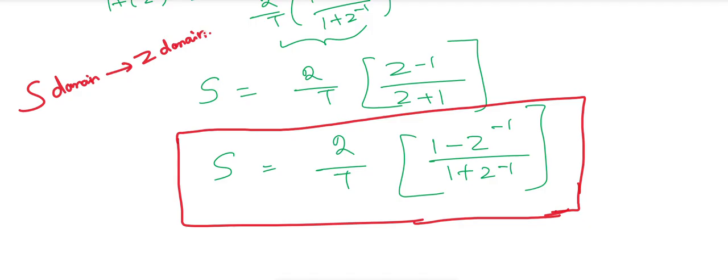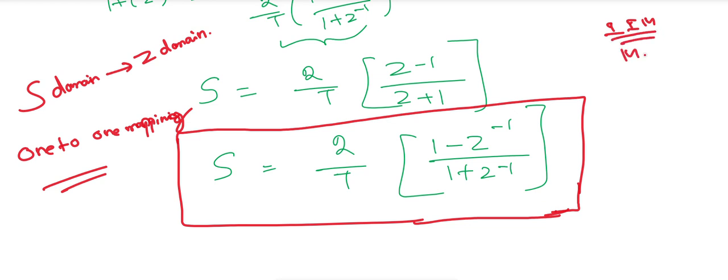If you see the mapping, the bilinear transformation is a one-to-one mapping, because the impulse invariant method is many-to-one mapping, which we already discussed. Here it is one-to-one mapping only.